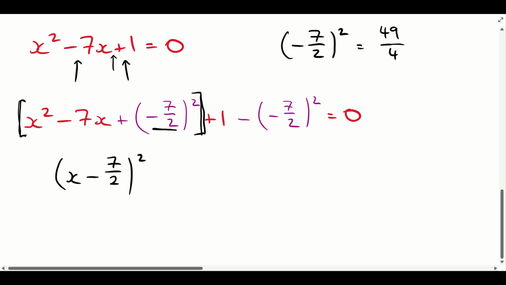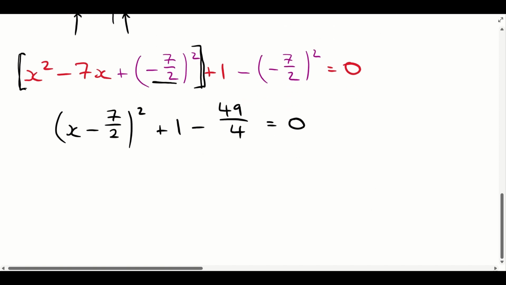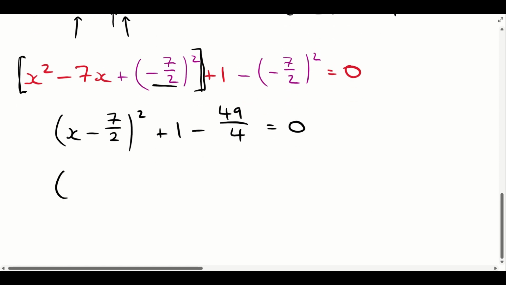And I end up with plus 1 minus 49 over 4. And that all has to be equal to 0. Now I can rearrange this and I can start to solve for this equation. So I need to look for when x take 7 over 2 squared. Now I can rewrite this 1 as a 4 over 4.